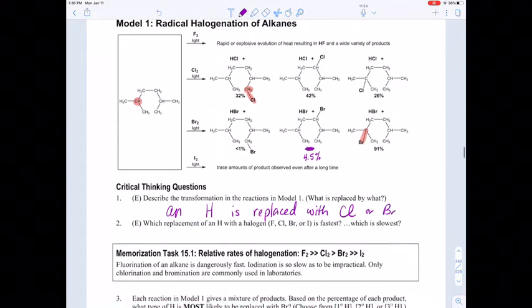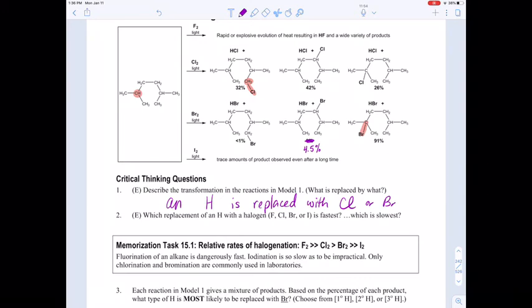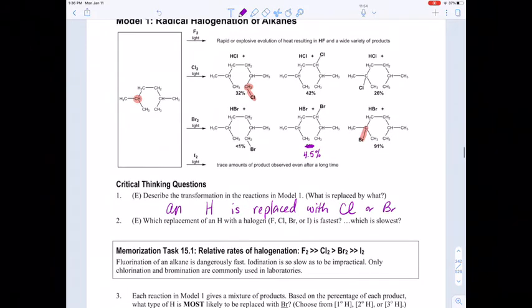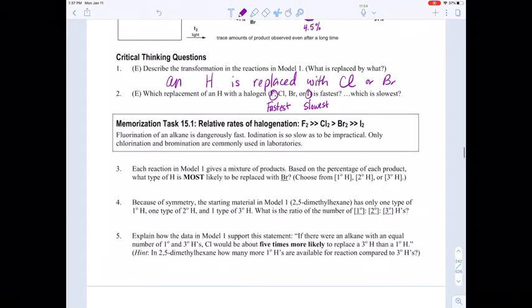Which replacement of an H with a halogen, fluorine, chlorine, bromine, or iodine, is fastest and which is slowest? So fluorine up here, it says rapid and explosive. So this one, that's fast. If we follow that logic, we would think that iodine, which is further down in the halogens, would be slower. Okay, we see that in our next memorization task: relative rates of halogenation.